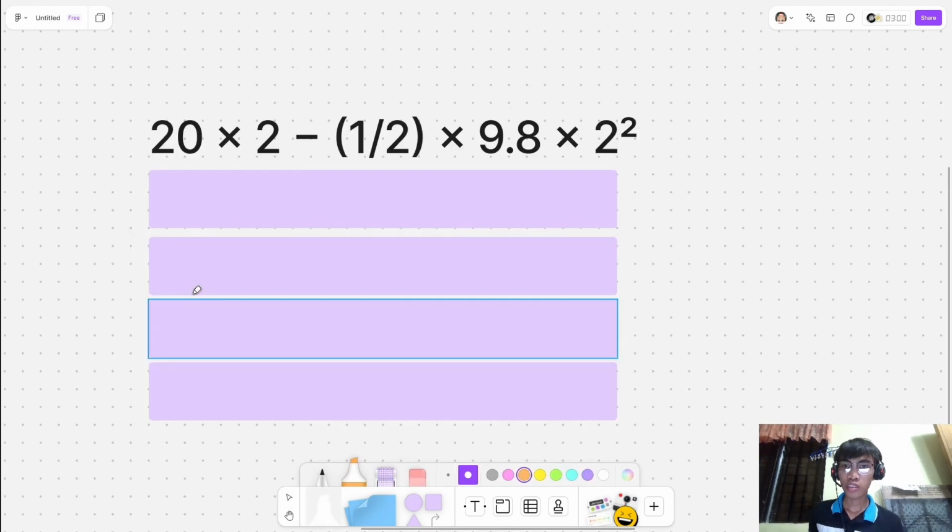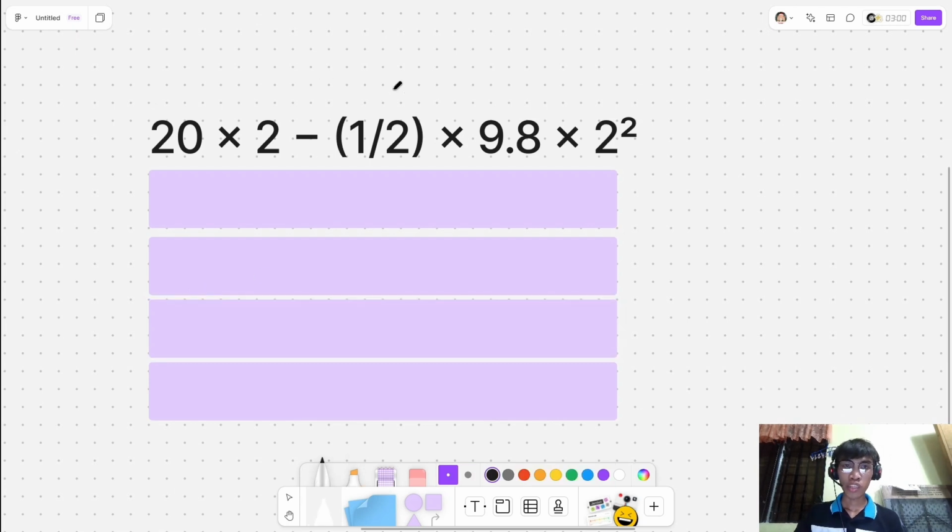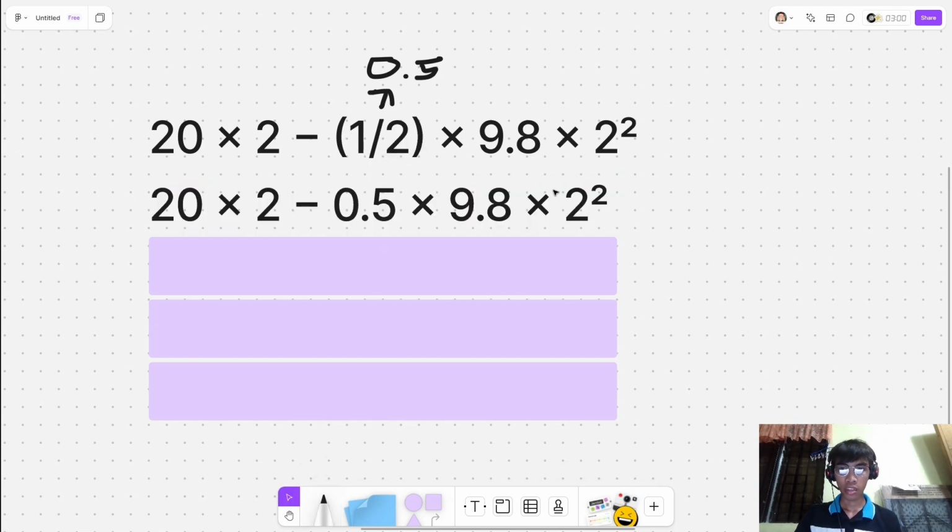So now let's try solving a different problem. In PEMDAS, we do the parentheses first. So 1 over 2 is equal to 0.5. Next is the exponents, and 2 squared is 4.